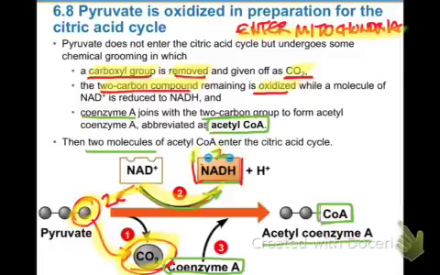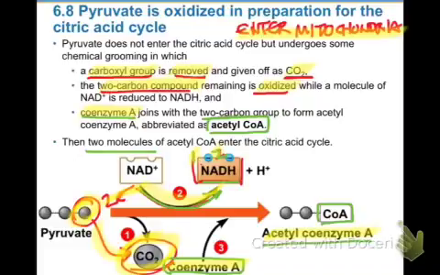I'll try a different color here. 1, 2 electrons. So I've stripped those 2 electrons away like so, and NAD is reduced in the process to NADH. And I've added, for good measure, coenzyme A. What I've formed is acetyl coenzyme A in the process.